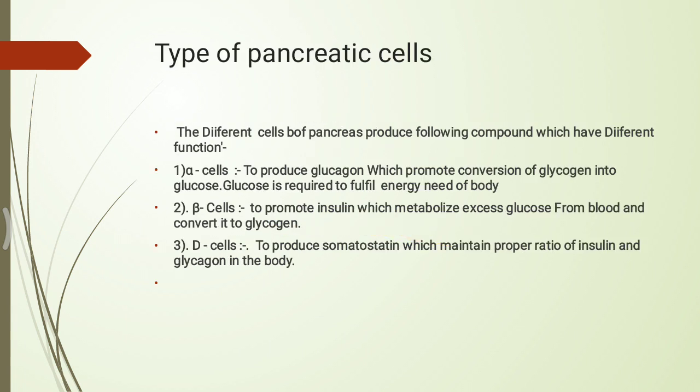Next, types of pancreatic cells. The different cells of the pancreas produce compounds which have different functions. Insulin is a hormone secreted by a pancreatic cell, and diabetes is a chronic metabolic disease caused mainly due to deficiency of insulin.